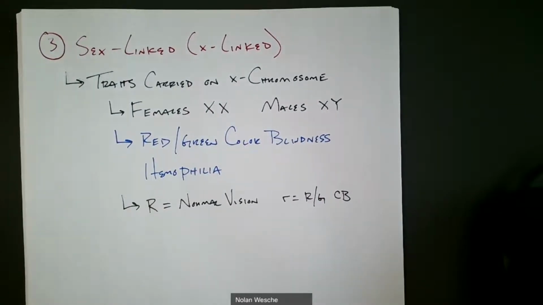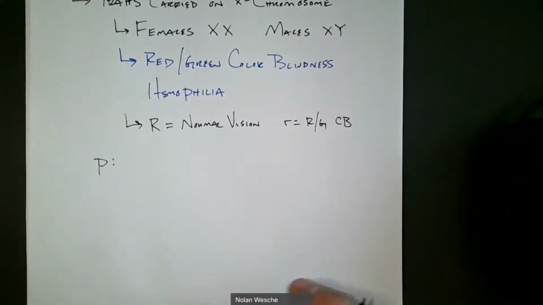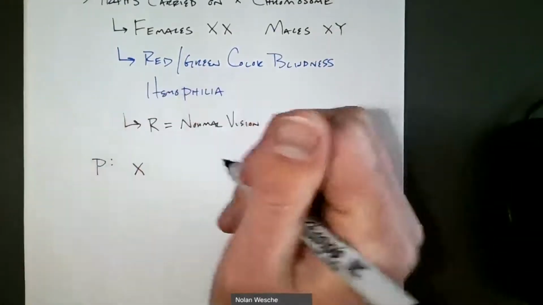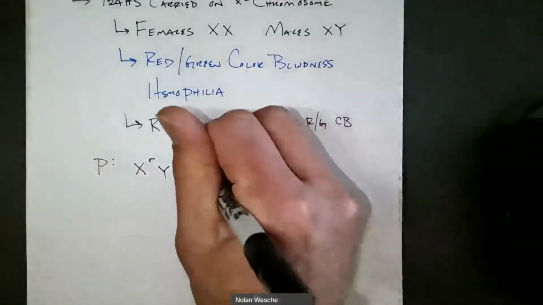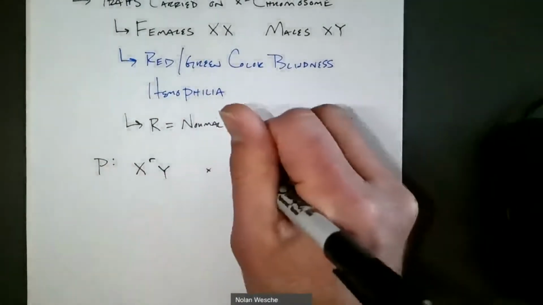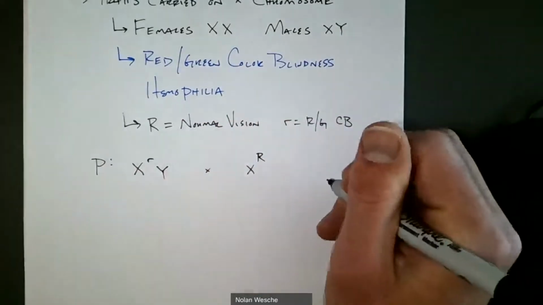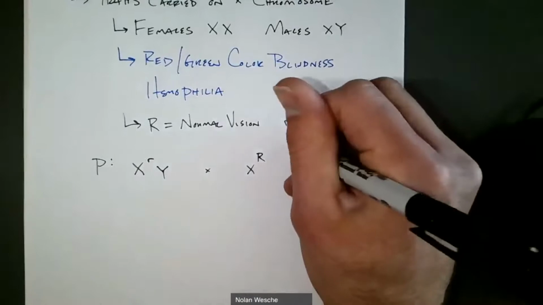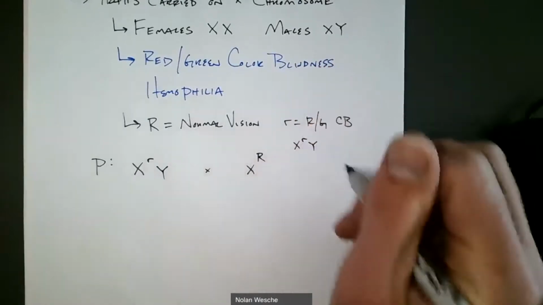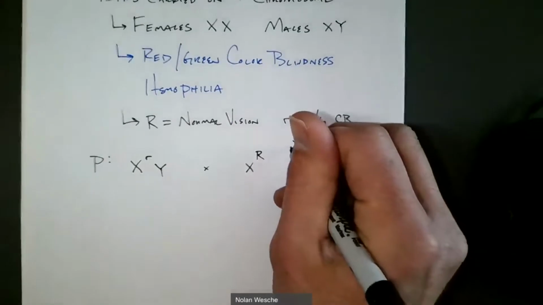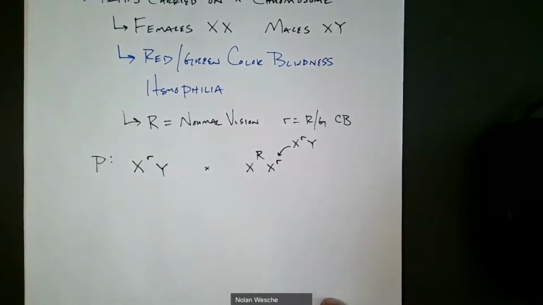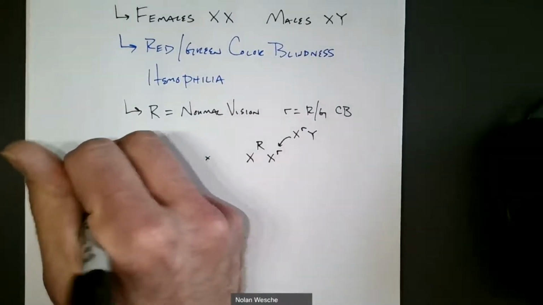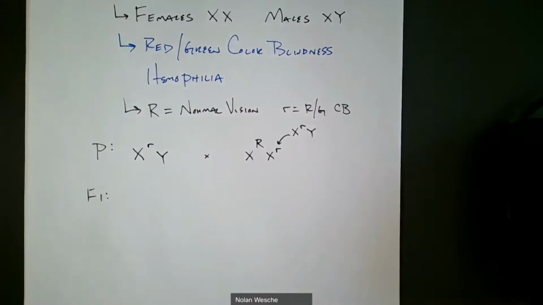So let's say that we've got a parent set, and we'll say that dad is colorblind, and he's going to mate with a woman that has normal vision, so she's got a big R, but her father had red-green color blindness, which means the dad is going to have to donate this X to her, and she's going to then be a carrier. And they want to know what are the odds that they have offspring that might be red-green colorblind.